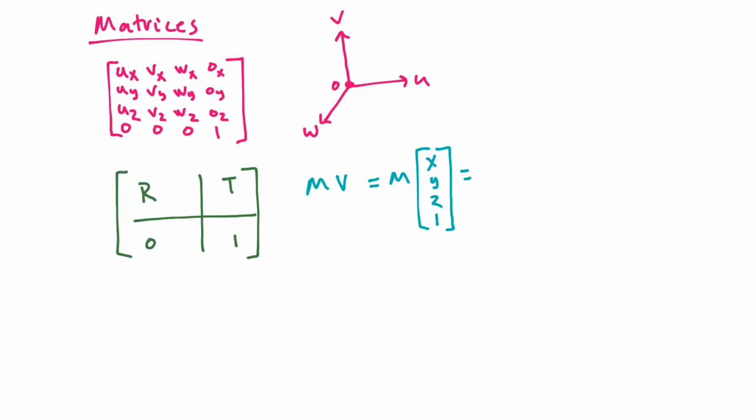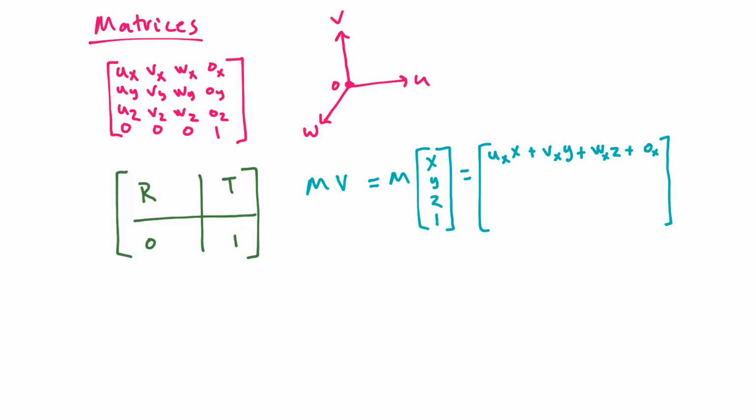So what we end up having is ux times x plus vx times y plus wx times z plus ox.